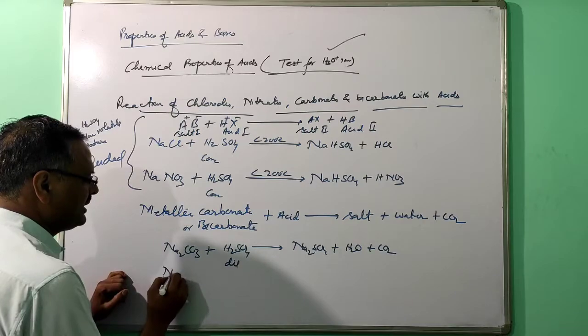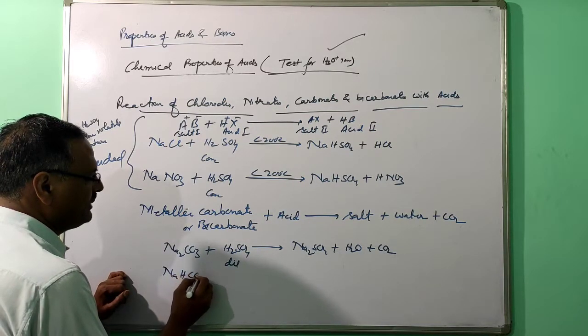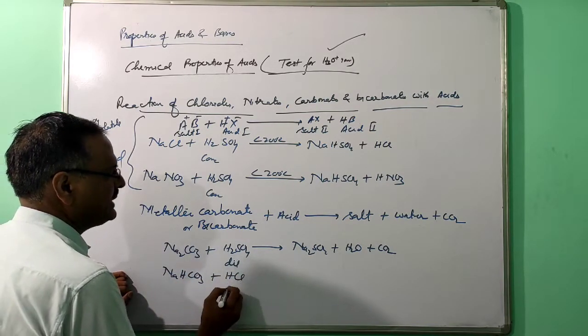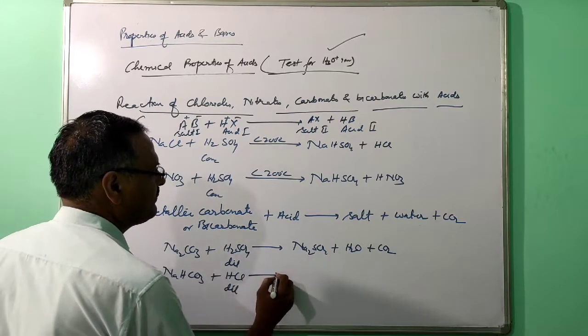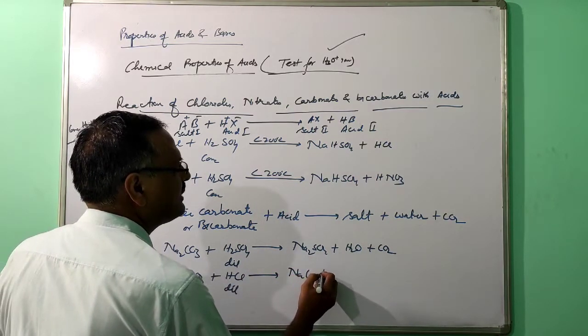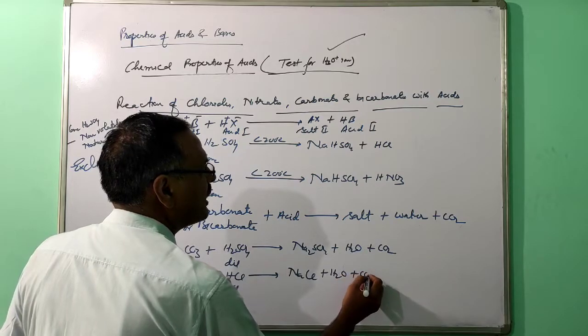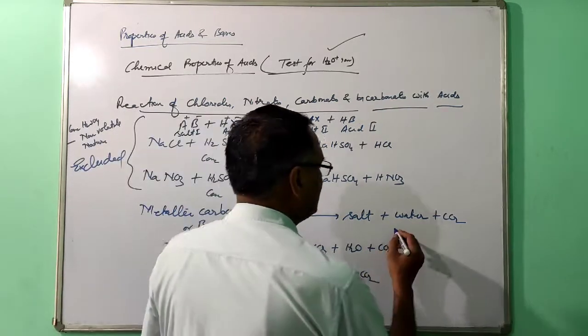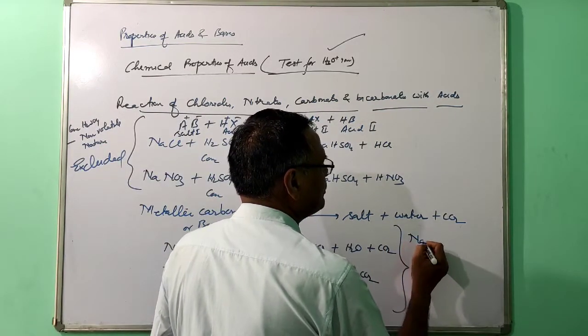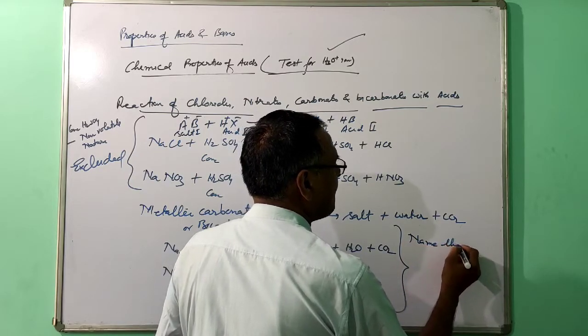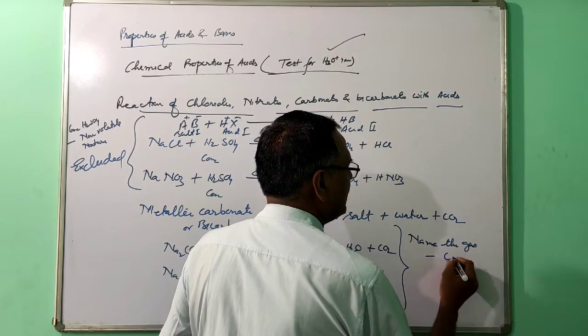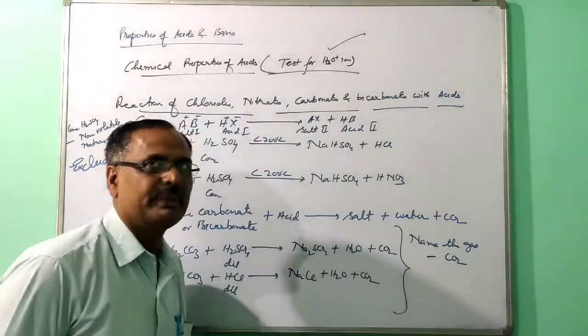In the same way, you can take sodium bicarbonate and react with HCl. This will form NaCl, H2O and CO2. In this one, a question can be asked to you: name the gas. What will you write? Carbon dioxide.